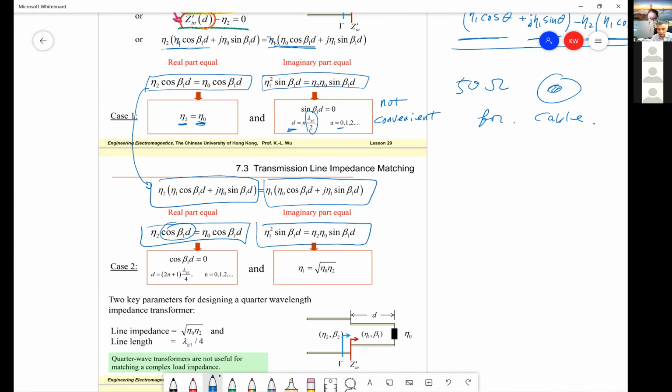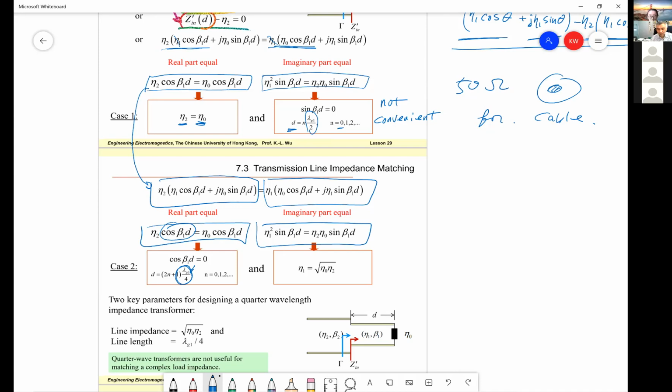When cosine beta 1 d equals 0, that means d should take a quarter wavelength plus an integer number of half wavelengths, because an integer number of half wavelengths repeats the impedance.